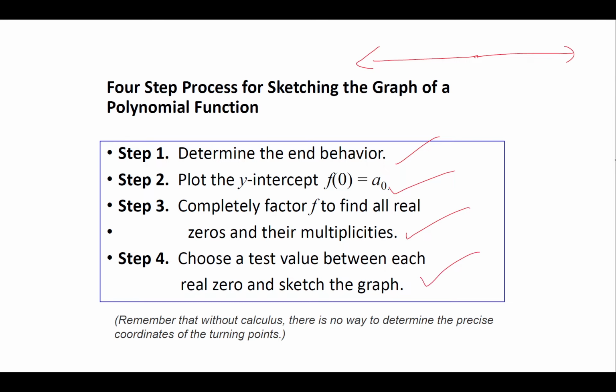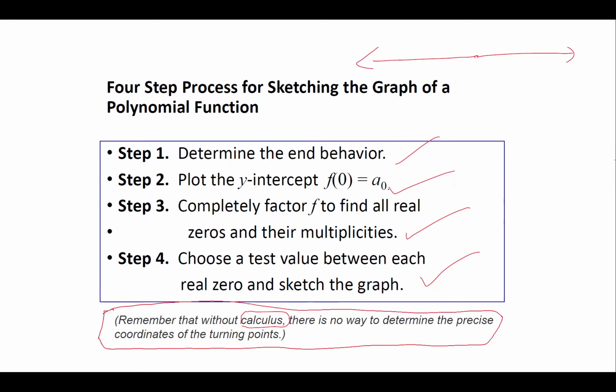But keep in mind, to plot the graph exactly, the things we cover in this class, college algebra, are not enough. Remember that without calculus, which is another class, you need more information, more knowledge to plot the exact graph.